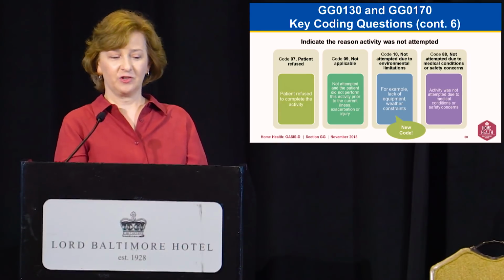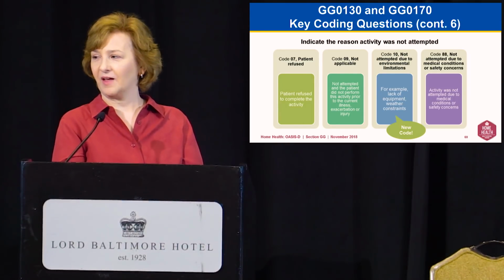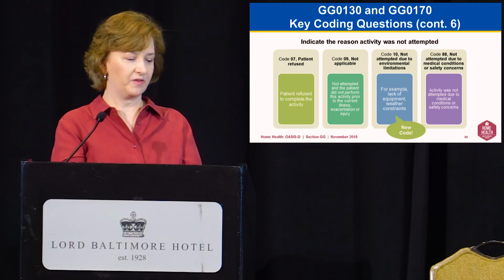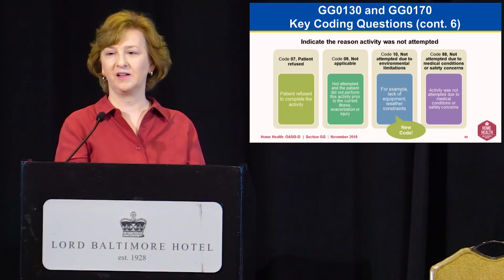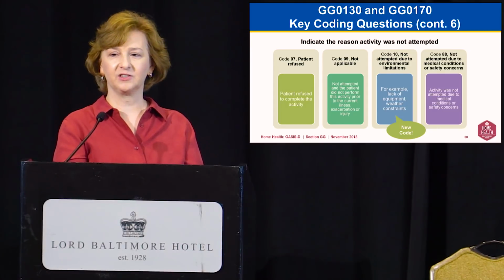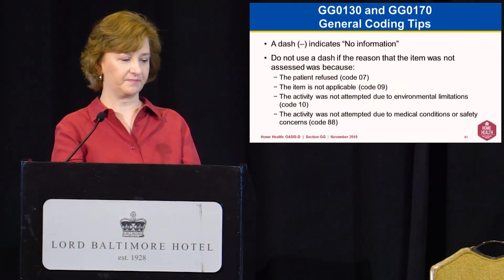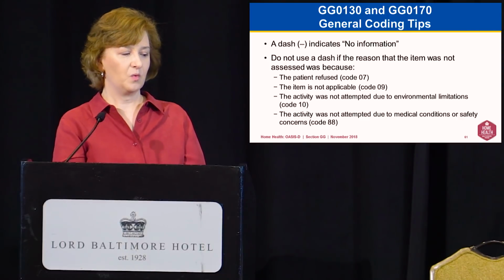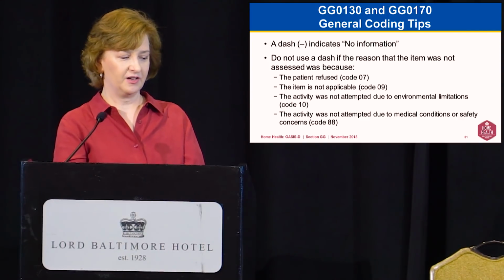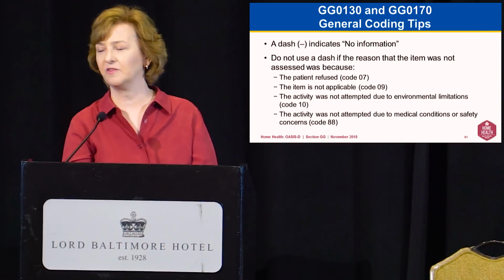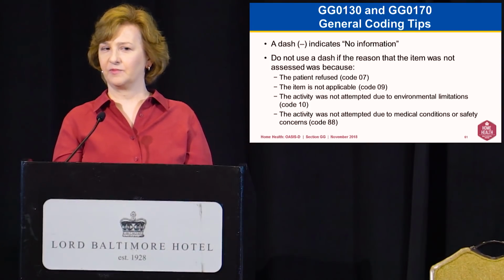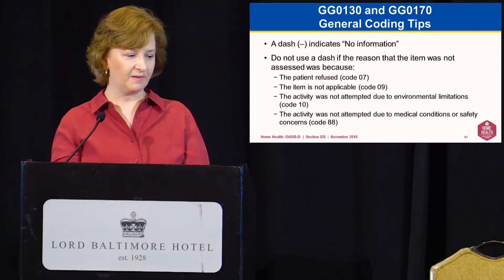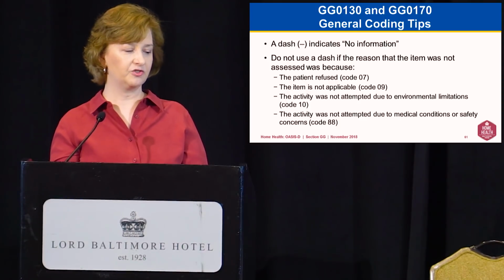And then, as I mentioned, code 88, we expect to use most of the time. This is what we see most commonly in most of the settings, and it refers to basically the person having a medical condition or a safety concern. So I did want to mention the dash. The use of the dash is not expected to be done commonly across any of the items, including GG.